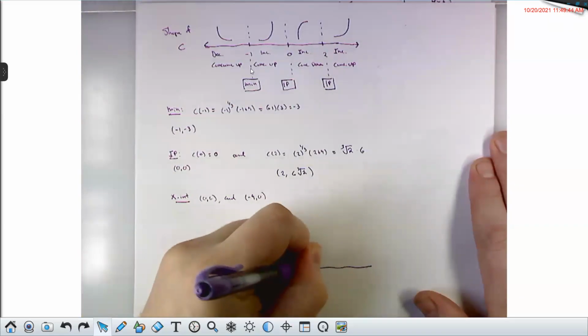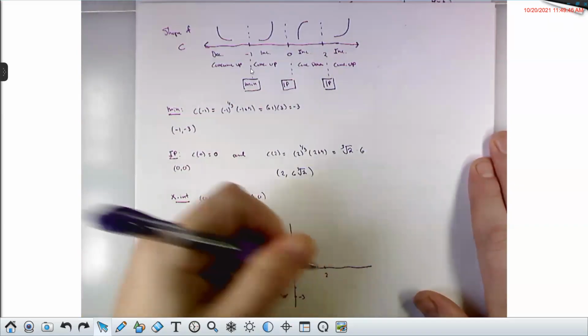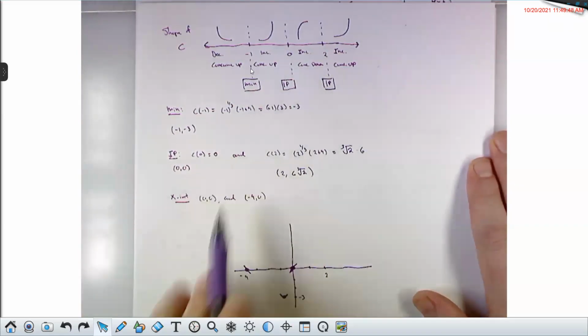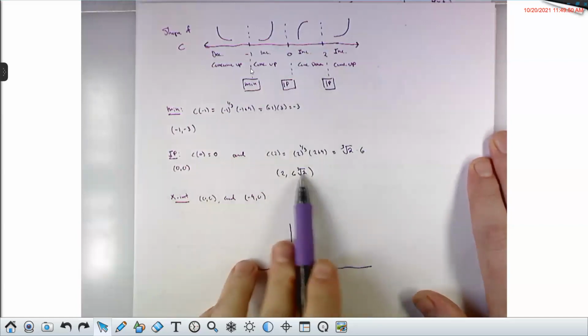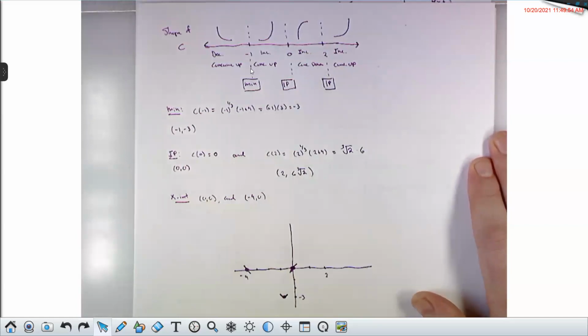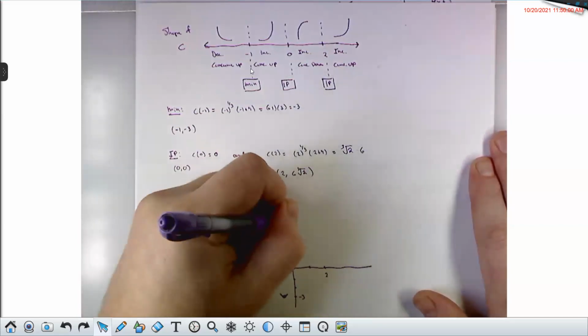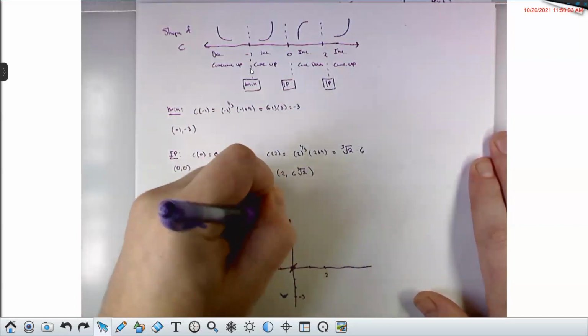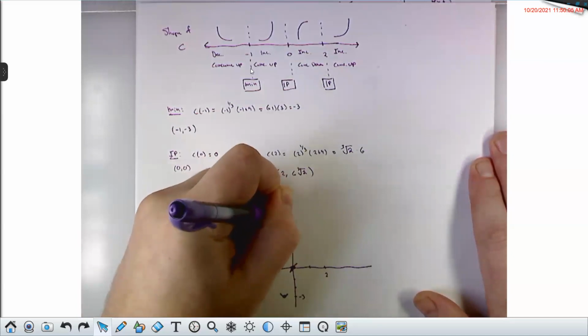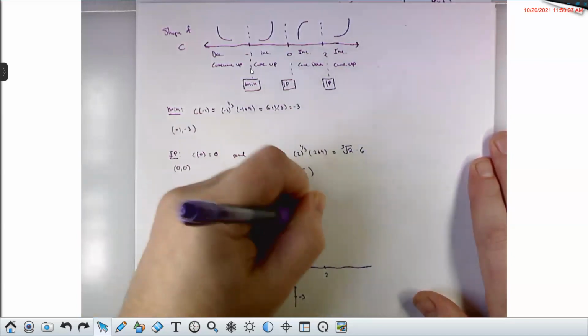And then over here at 2, we've got the inflection point 2, comma, 6 cube root of 2. The cube root of 2, I don't know off the top of my head, right? I know it's a little bigger than 1, definitely smaller than 2. So this number is going to be a little bigger than 6. I'll say it's right here, 6 times the cube root of 2.